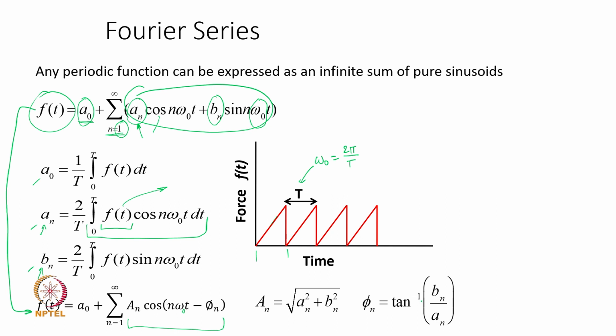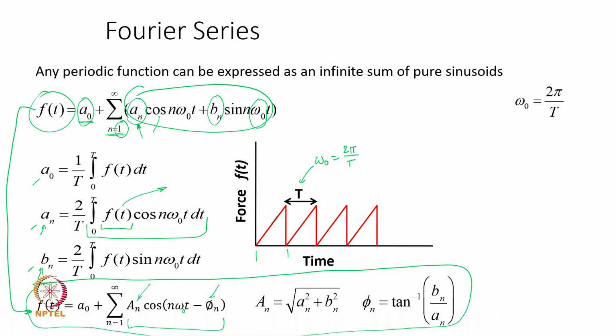This is quite simple and straightforward. Either you use the first one or you use this one, that is one and the same thing. It is basically the two harmonic functions accounted for by the amplitude and the corresponding phase. As I said, omega naught is 2 pi by the period of repetition.